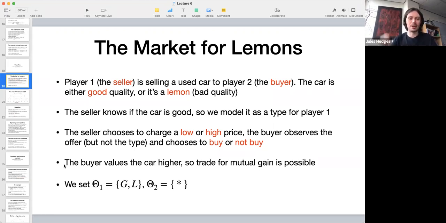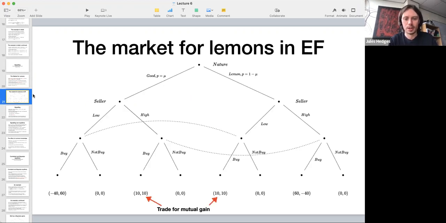Okay, so we're going to set this up where we have two types for player one, which is good and lemon, and then we have one type for player two, which I'll just call star. This is a dummy type that says player two always has this type. So here is this game as an extensive form tree. We have two types for player one, which are good with probability mu and lemon with probability 1 minus mu.